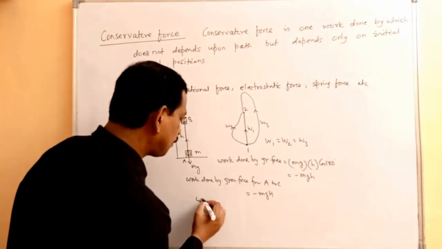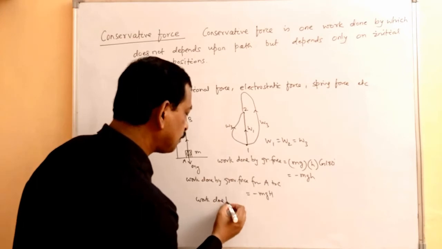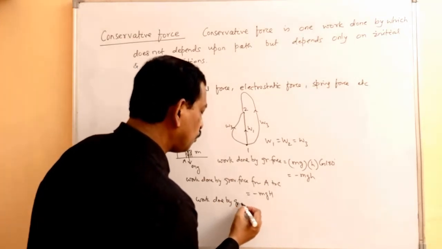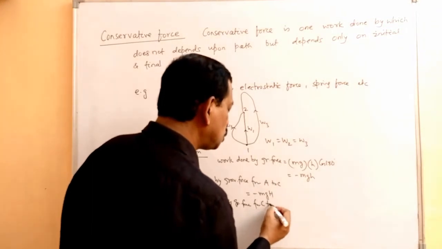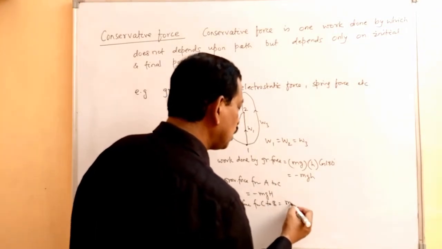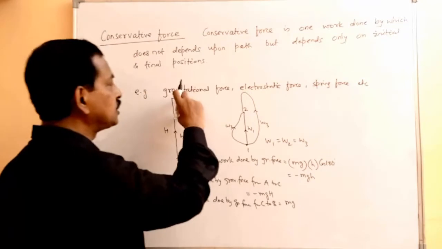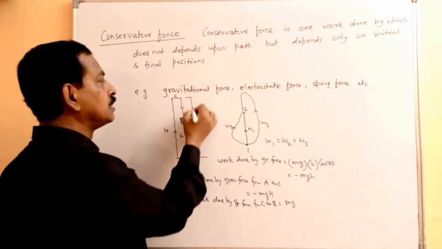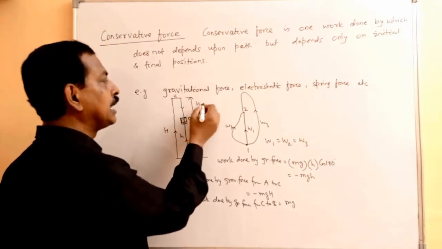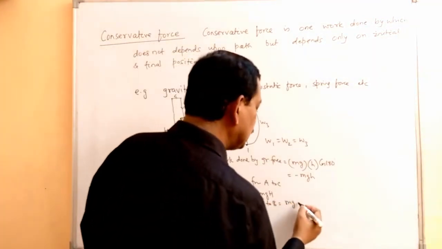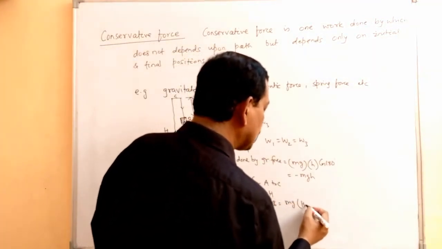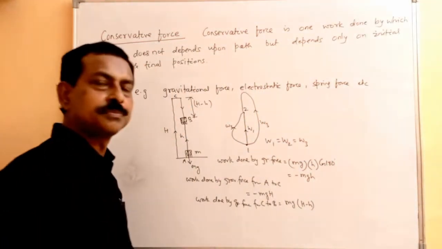So the work done by gravitational force from C to B will be mg times the distance, which is capital H minus small h.